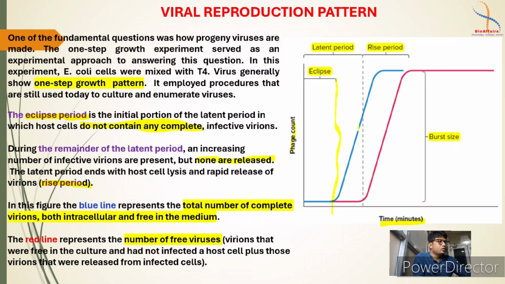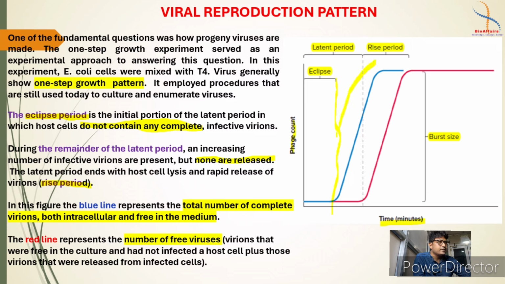Now here 2 lines are given. What is the meaning of these 2 lines, blue and red? The blue line depicts the total number of complete virions, both intracellular and free in the medium.